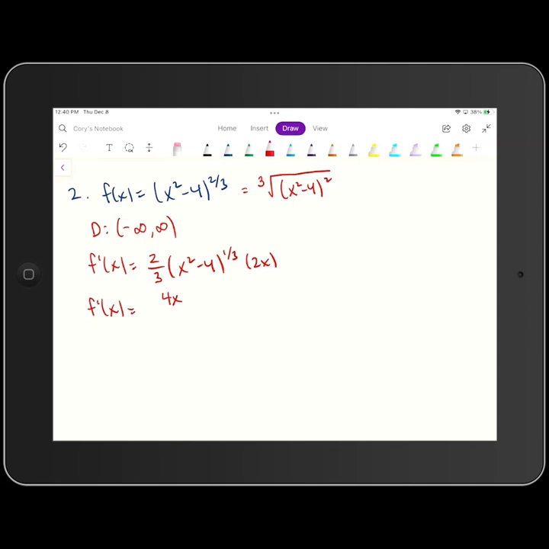Sorry, this should be to the negative 1/3 power. So we should be left with 4x in the numerator. In the denominator, we're going to have 3 times the cube root of x squared minus 4.